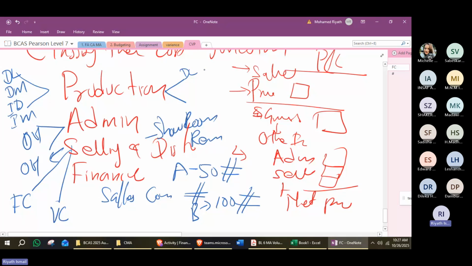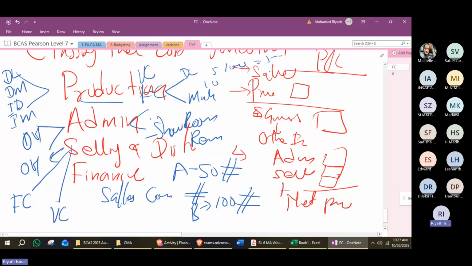Direct labor per unit is 5 rupees. For 1,000 units of production, it is 5,000. If he produces 10,000, he will get paid in that way. So this is variable. In the machine cost, the factory rent is fixed. So production cost has two types: a variable component and a fixed component.